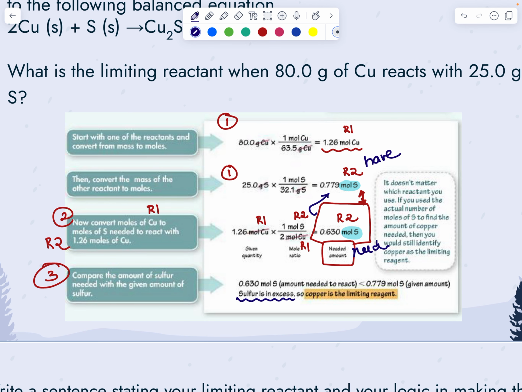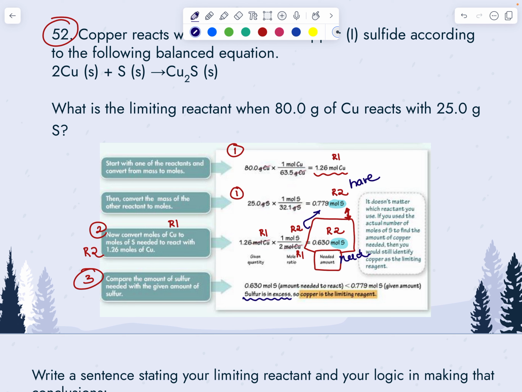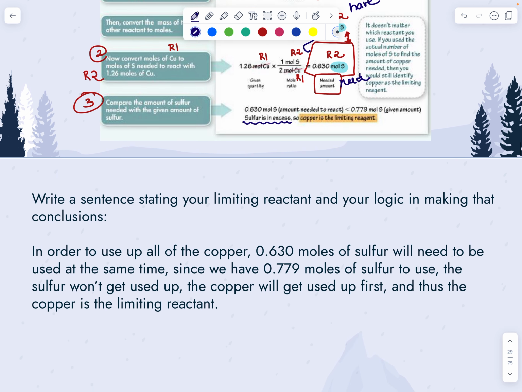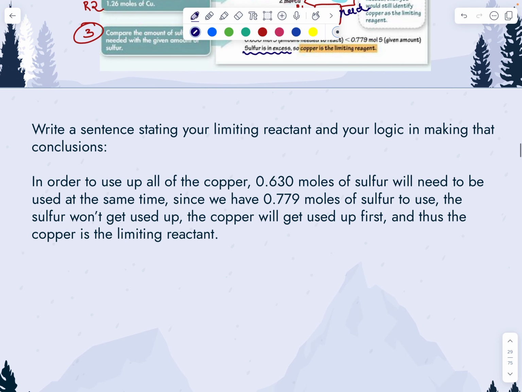After we get to that point, right, we can actually finish the problem if it asks me for an amount of product. So you can see I wrote this one for you, in order to use up all of the copper. We always start with thinking, what we're checking is, is reactant 1 my limiting reactant?